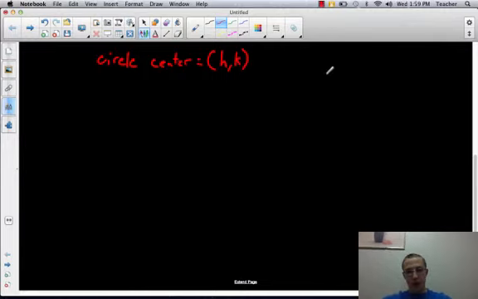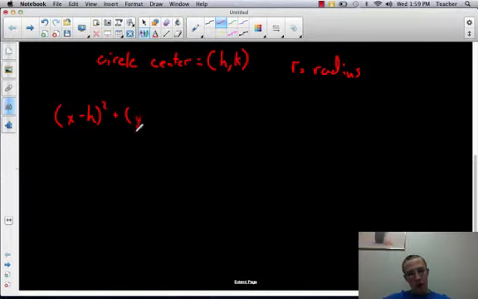Now, let's put up here r equals radius, the little half line between the center point and the edge of the circle. Still tracking with me? Good. Your equation is incredibly simple: (x minus h) squared plus (y minus k) squared equals r squared. That's your equation. That is how to make a circle.